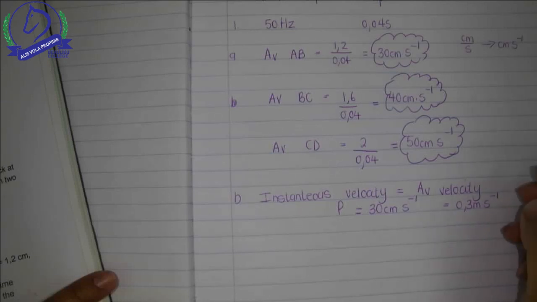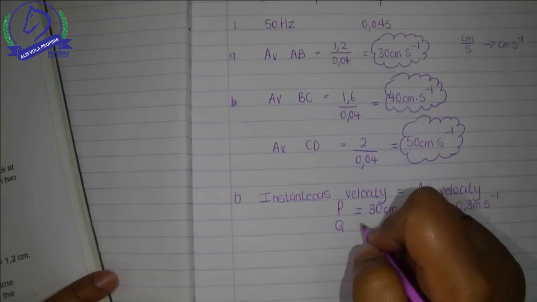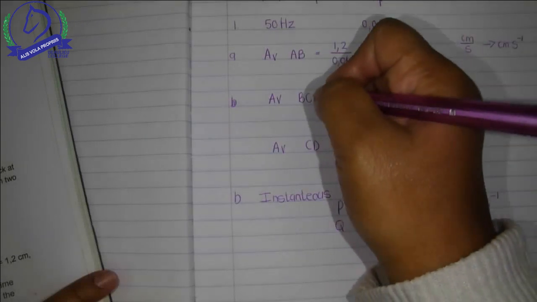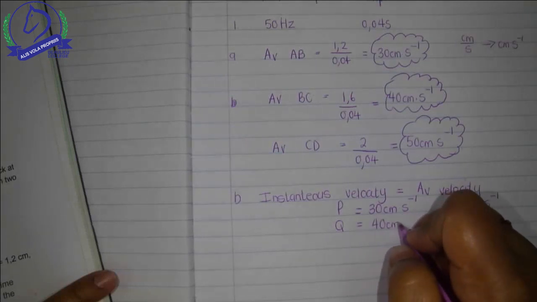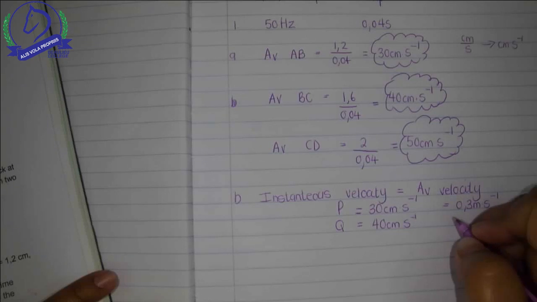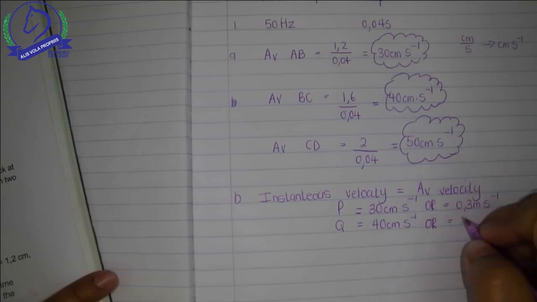So the same would go for the instantaneous velocity at Q. It's going to equal the average velocity at BC, which is 40 centimeters per second, or I could say 0,4 meters per second.